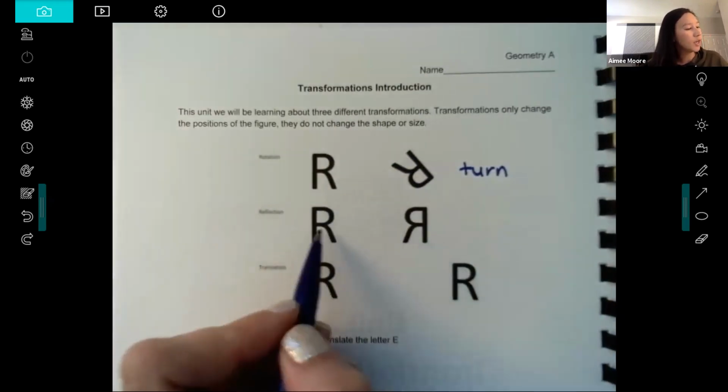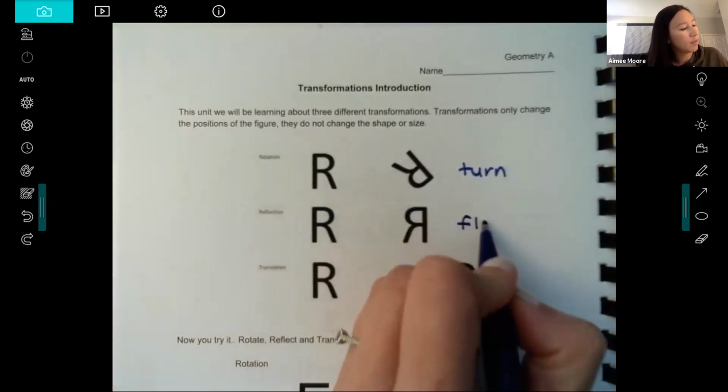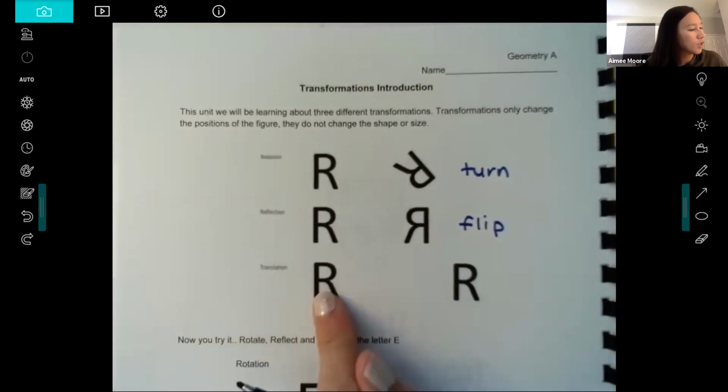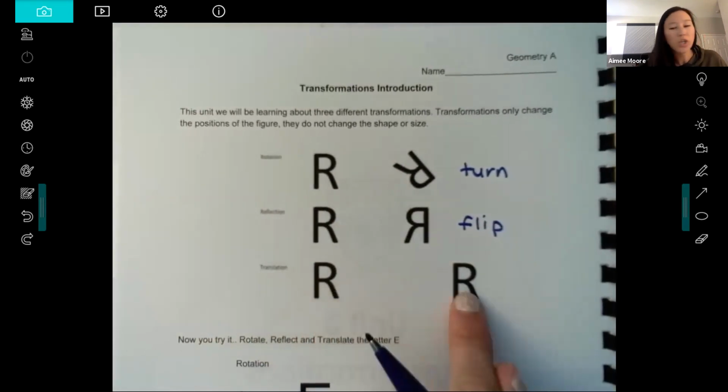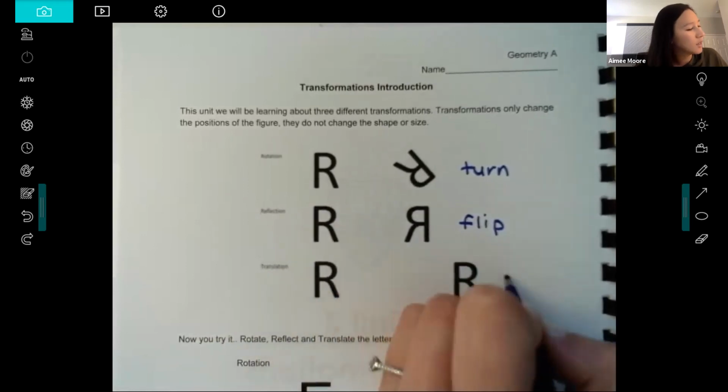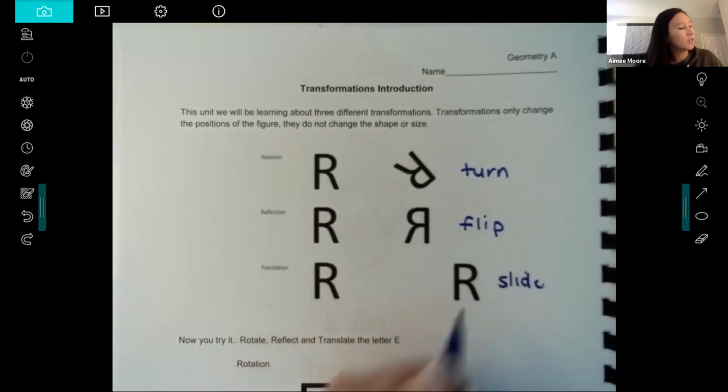A reflection, so if you look at the letter R, it was just flipped. It just flipped to be the mirror image. So reflections is where we're going to be flipping. And then the translation, you'll see it didn't change its orientation. It just slid. So this is a slide. It just slid to the right.